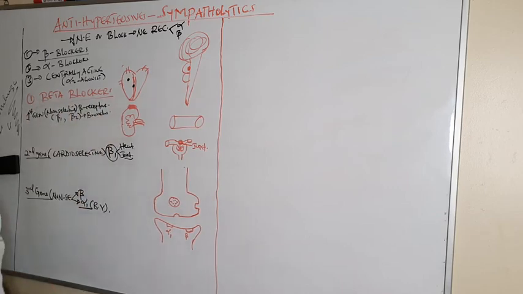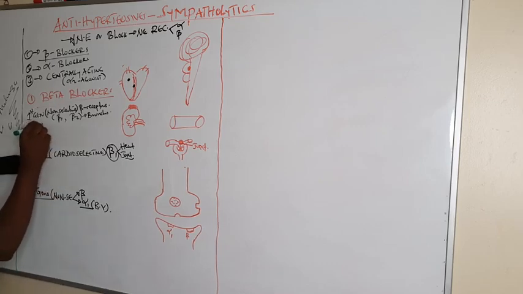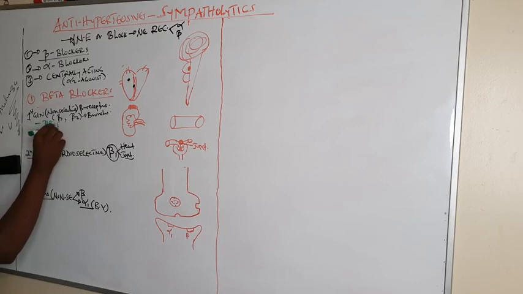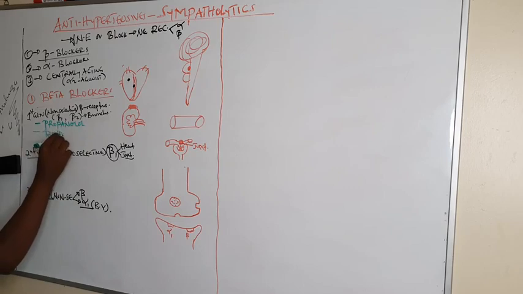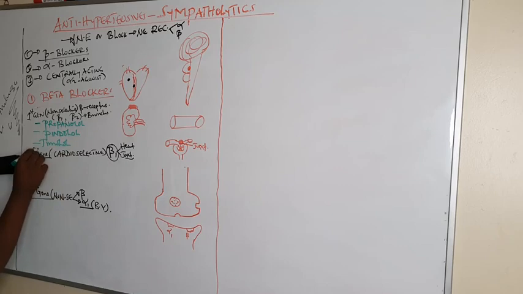And for the mechanism of action, for example, these non-selective beta blockers, examples include propranolol. Propranolol is one of the examples of the first generation. Pindolol, timolol, timolol is also part of it.